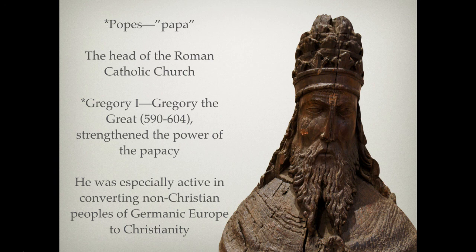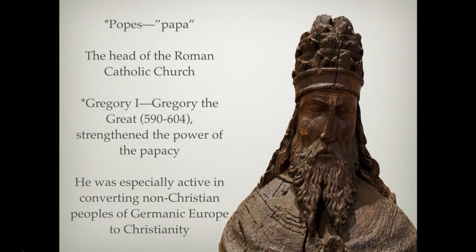Now, during this period, one of the most famous popes was Gregory I, or sometimes called Gregory the Great, who reigned from 590 to 604. And really, he strengthened the power of the papacy, establishing it in a new political order. And he was especially active in converting non-Christian peoples of Germanic Europe to Christianity.